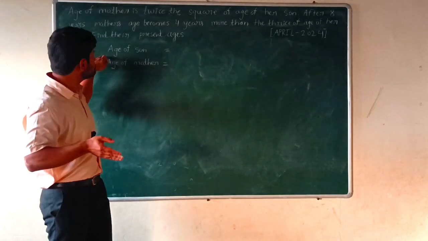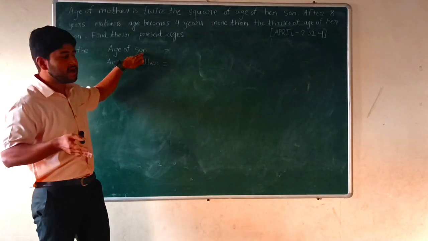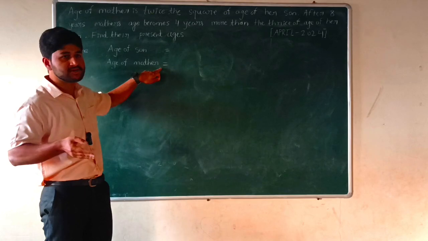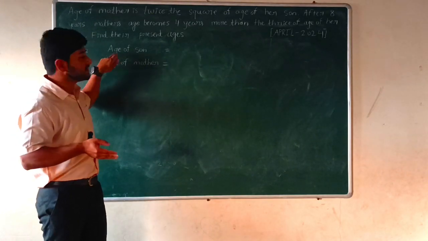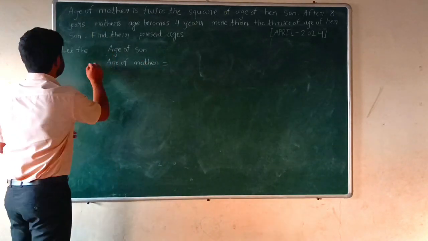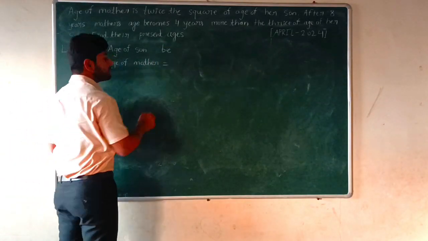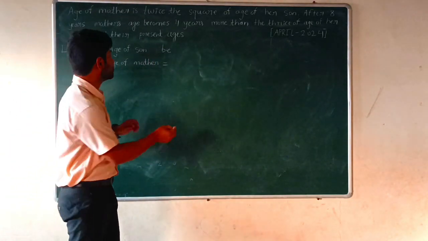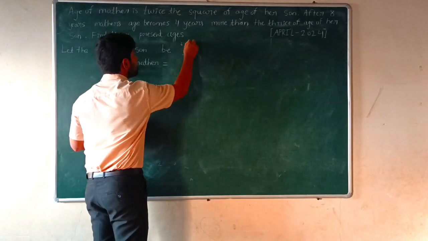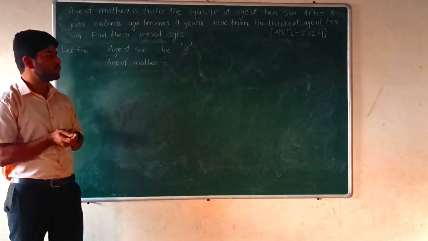Here we do not know the age of her son, as well as we do not know the age of the mother. So let the age of her son be some variable. You can take any variable. I am going to take it as y.